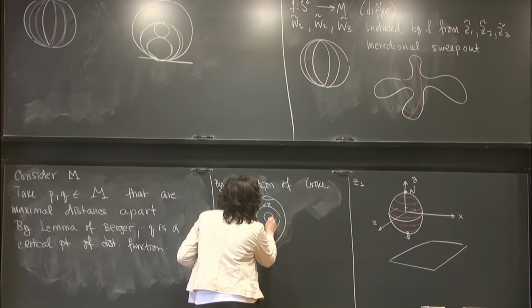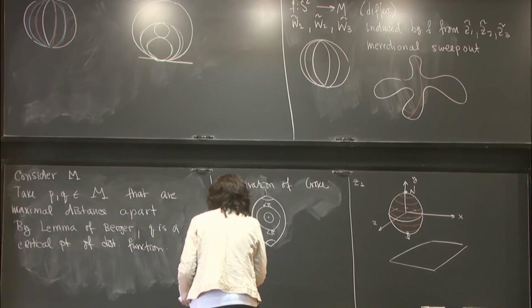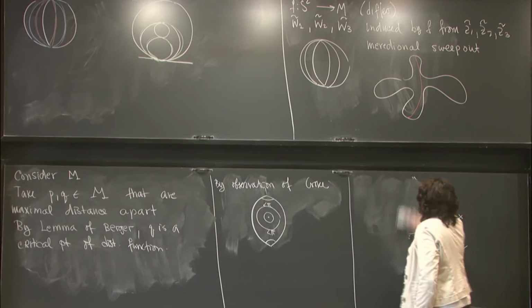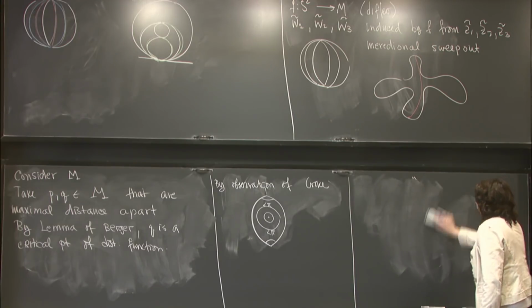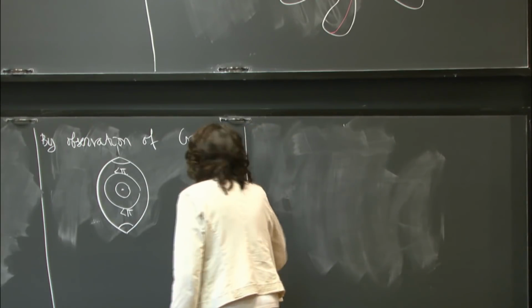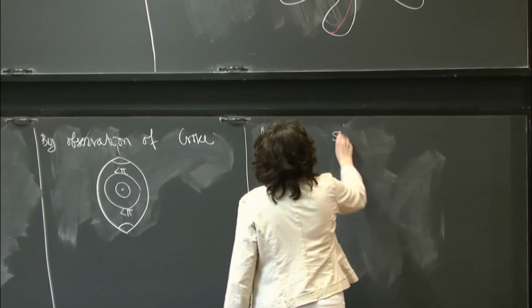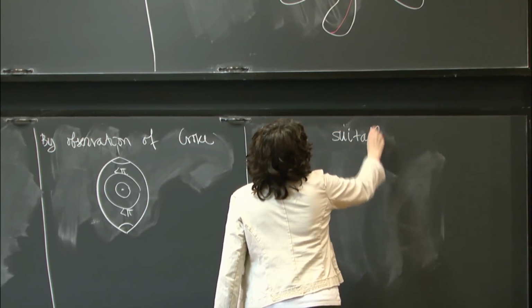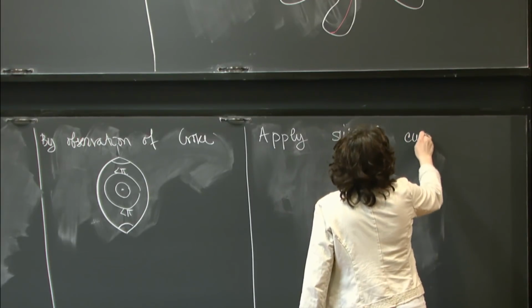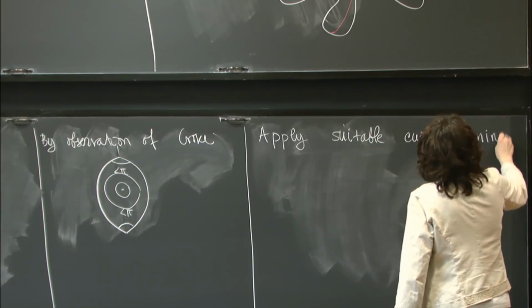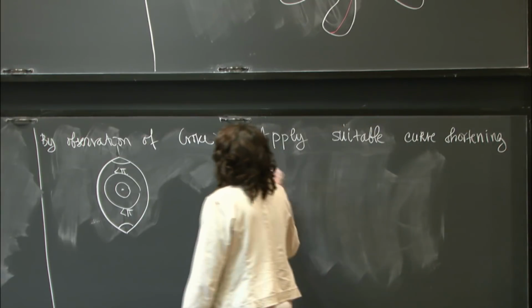So there are a couple of possibilities. So here is possibility 1, a nice possibility, really. There are 2 cases. So let me write like this: apply suitable curve shortening. And there are 2 possibilities.